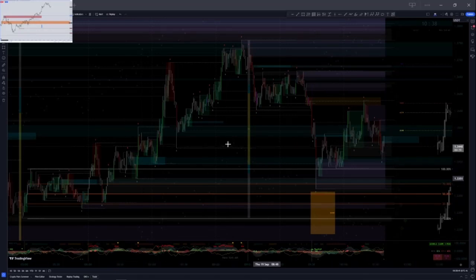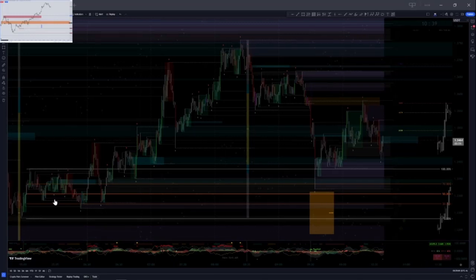And this is the logic of 70, 50, and 30% of a zone, especially the origin of a zone. When you see it's not touching the 50, only the upper half, the 70 or 30, however you measure it, in this case it's 70.